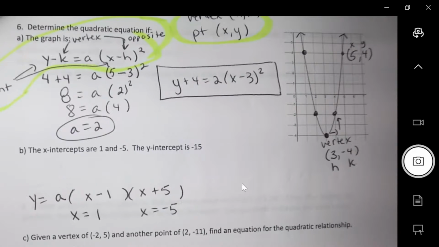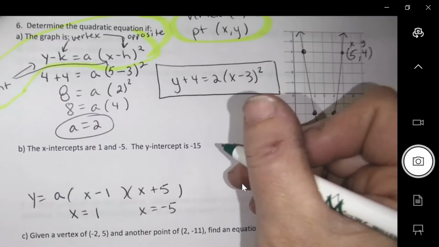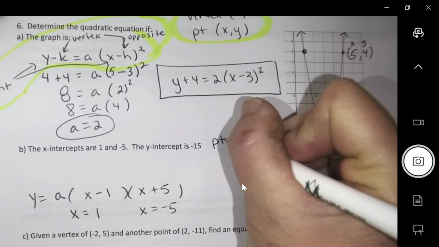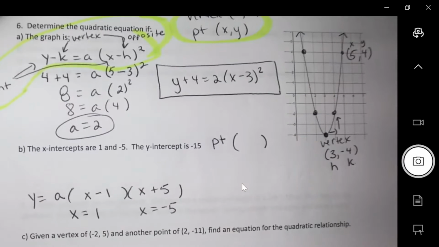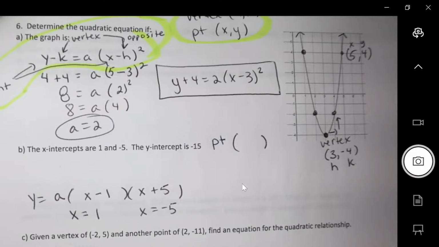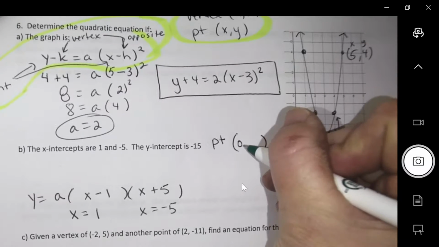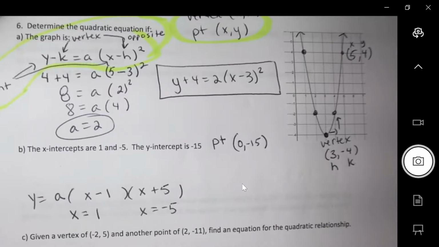Okay, the y-intercept is -15. So that would mean the point would be what? How do you write that as a point? A y-intercept means the point is what, comma, what? 0, comma, -15.